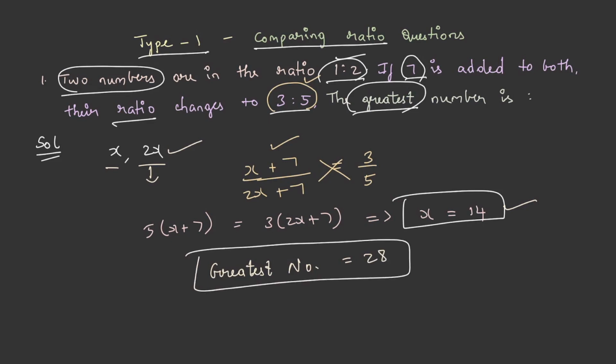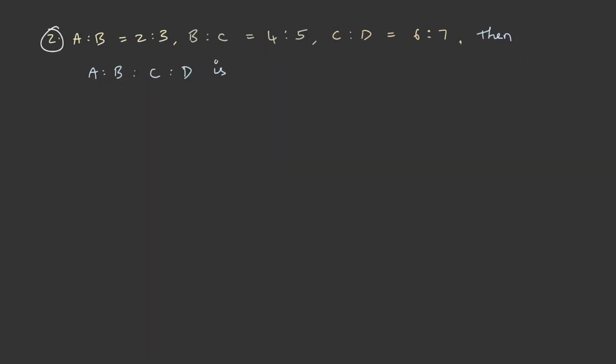This is the answer. Now in the second question, it is given that a is to b is 2:3, b is to c is 4:5 and c is to d is 6:7. We are asked to find the value of a is to b is to c is to d. There are a couple of ways to solve these questions.